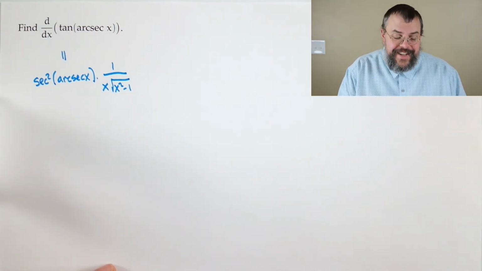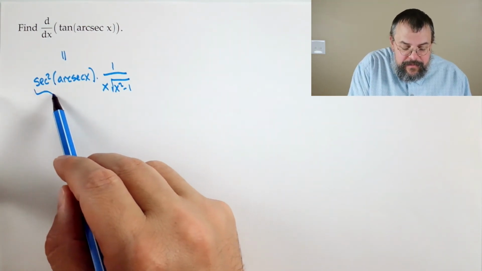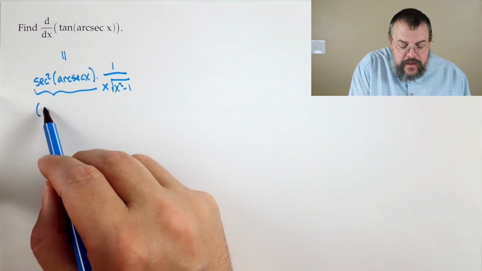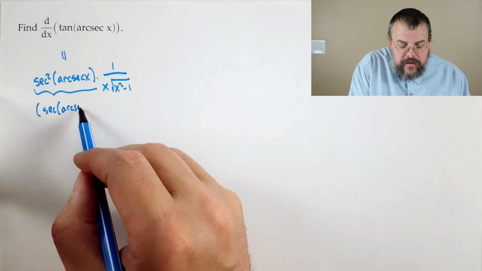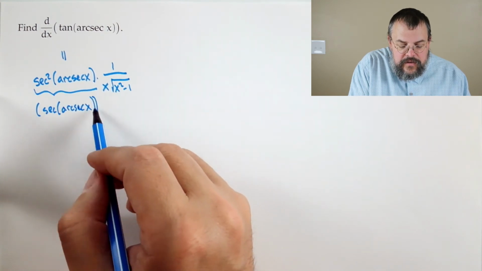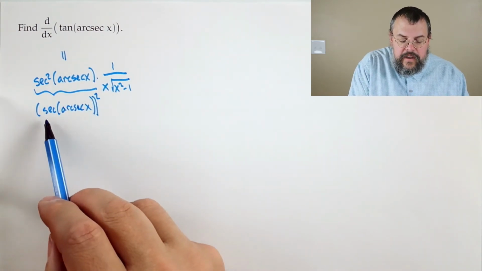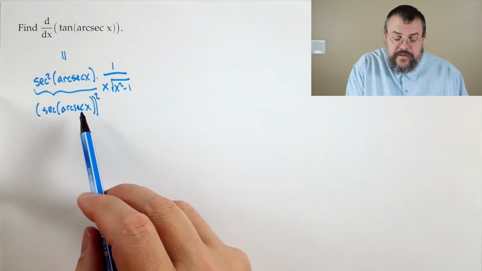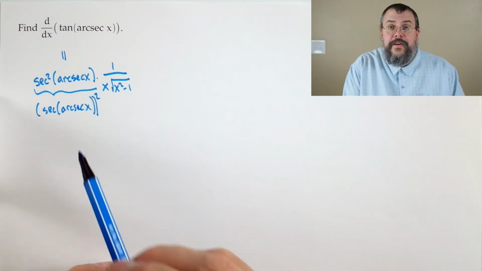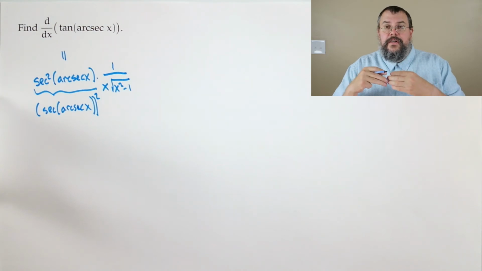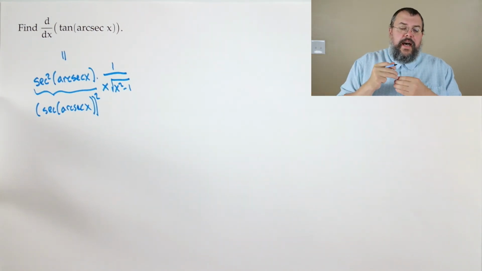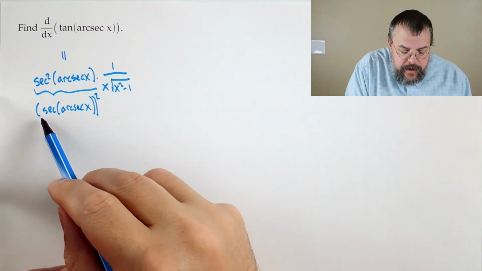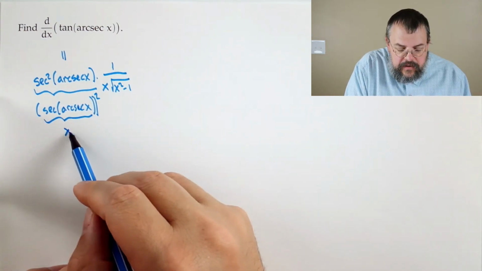There is. Okay, first off, let's talk about this piece. This is really secant of arcsecant of x squared. Now, if you take secant of arcsecant of something, what do you end up with? So it's the inverse function. When you do the arcsecant, it goes one way, secant pulls it back. And so this part here becomes x.